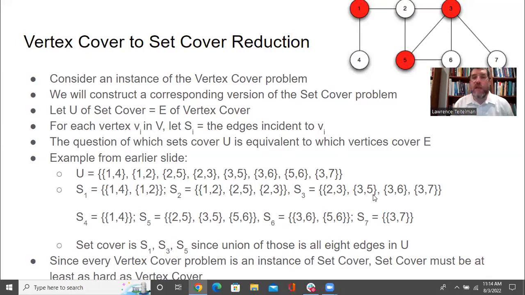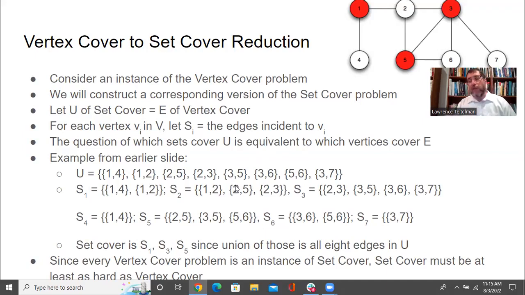Okay. So what does this have to do with set cover? Well, I'm basically asking, is there a set of these vertices in this graph, which now correspond to subsets, so that if I look at all the edges in the individual subsets and put them together, I get my universe. So if I could solve the set cover problem, I could also solve the vertex cover problem, which we've made to look like a set cover problem.